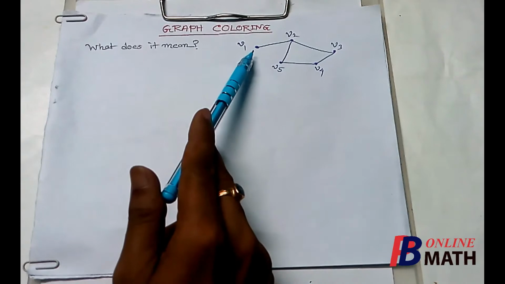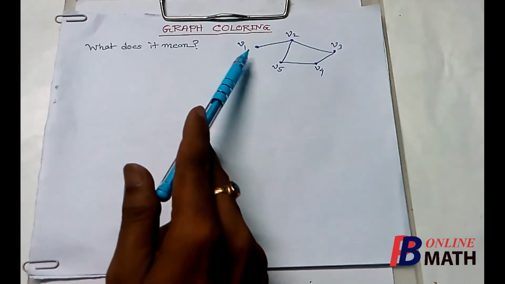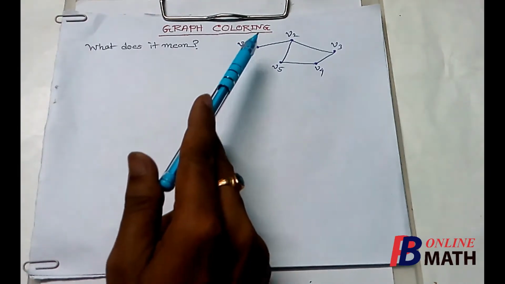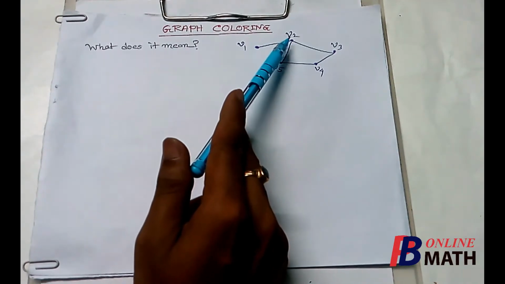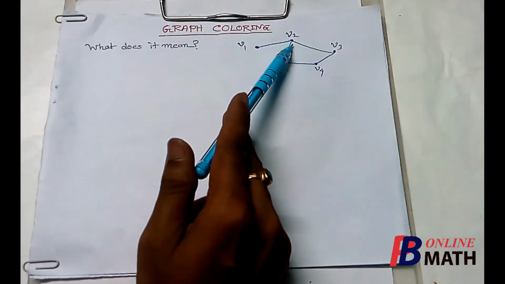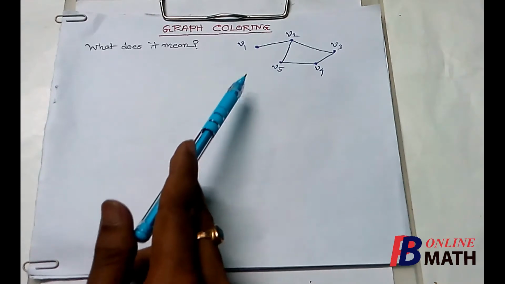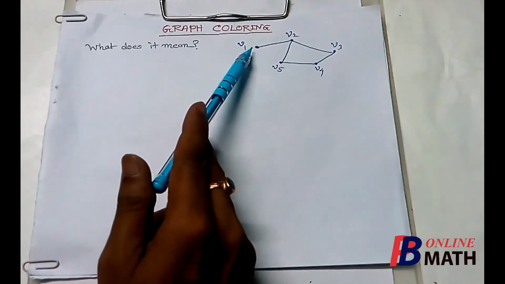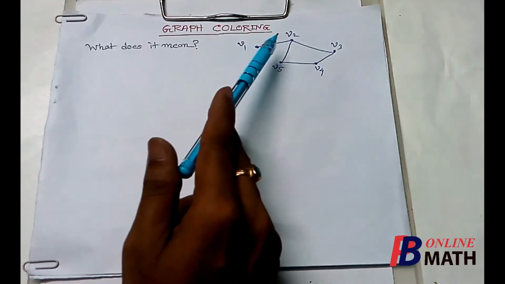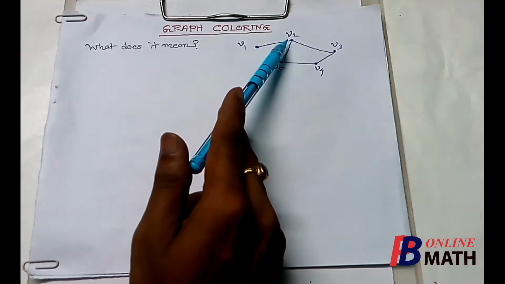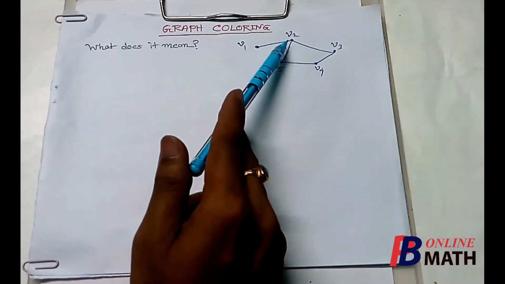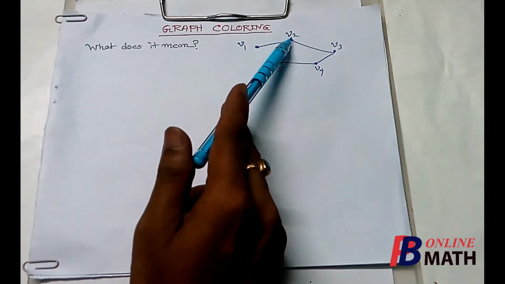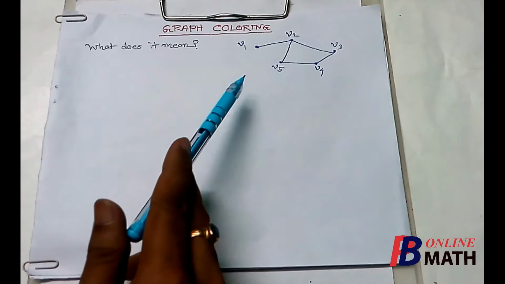So we can color V2 by another color, suppose C2. In simple language, if we color V1 by blue color, then we can't color V2 by blue color. In that case, we can color V2 by, suppose, white color.